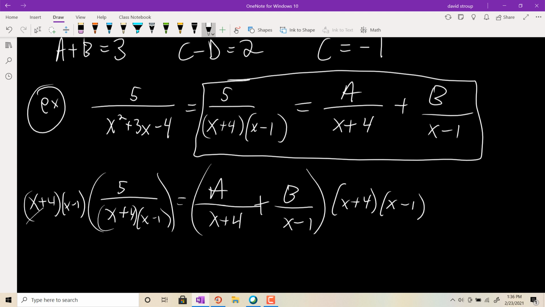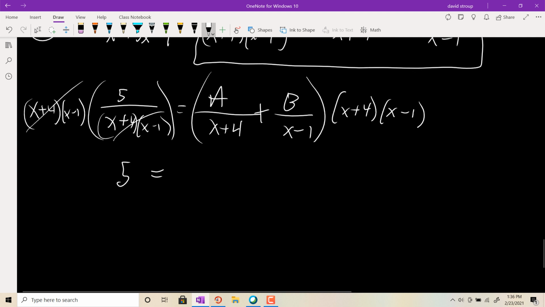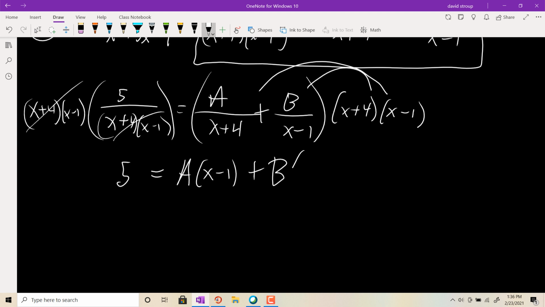On the left, both the denominator and the factors I'm multiplying by are eliminated. On the right, I have to distribute. On the first distribution, the x plus 4s will cancel, and I have a times x minus 1. On the second distribution, the x minus 1s will cancel, and I have b times x plus 4.